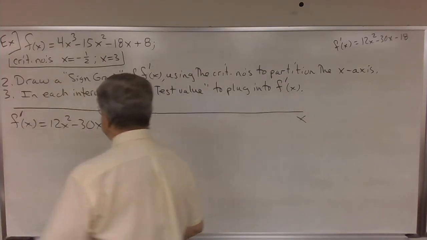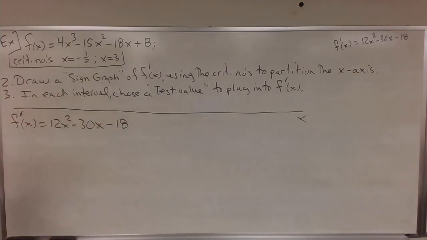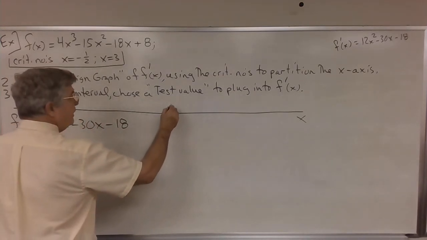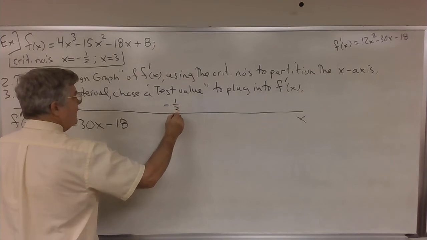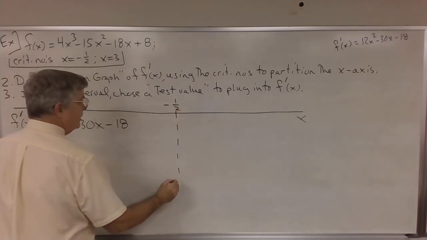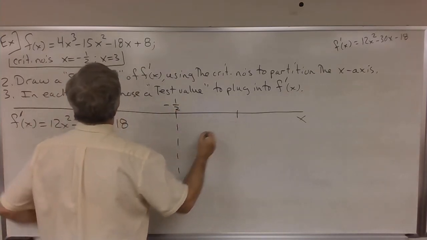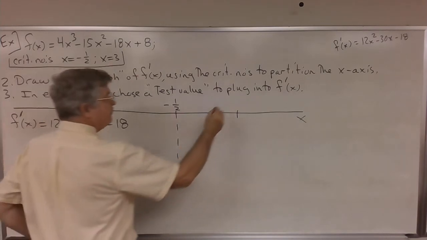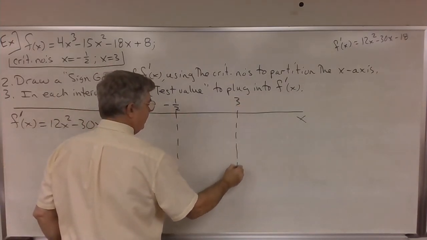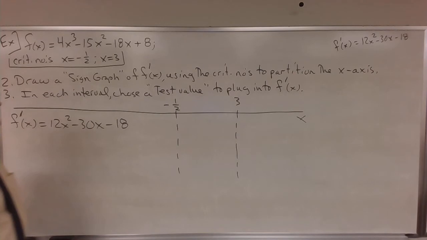Here's my x-axis, my critical numbers, x equals -1/2 and x equals 3.